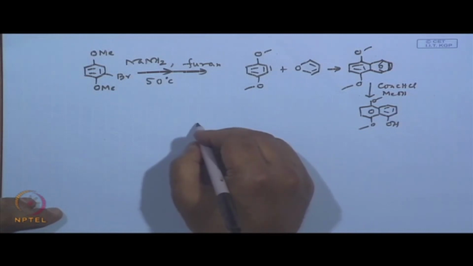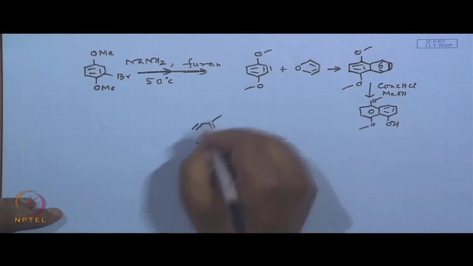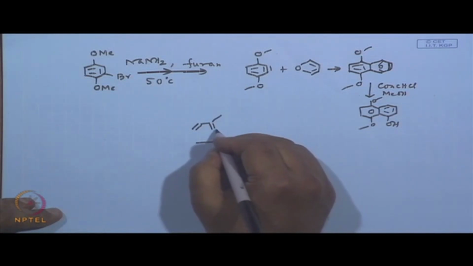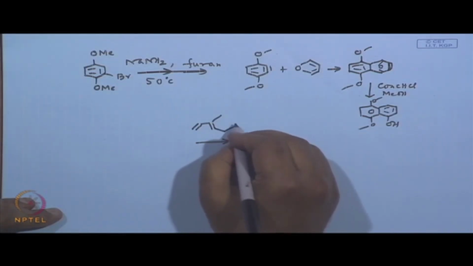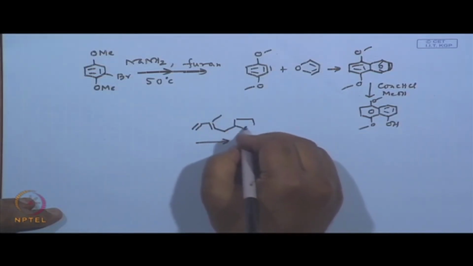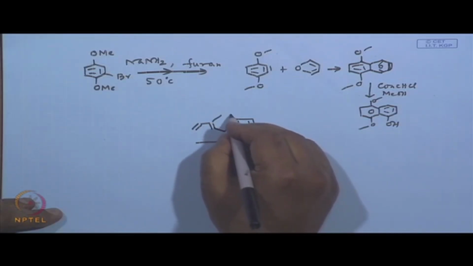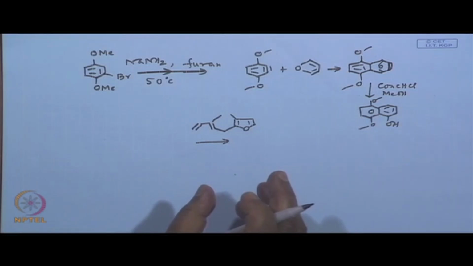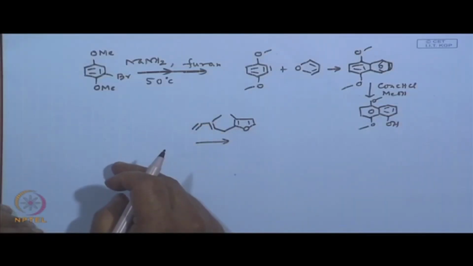For example, you have a diene, a regular diene, with no conjugation, that means CH2, and then you have a furan, a substituted furan. So you have two diene components, furan and the isoprene unit. Between the two, which one is more reactive? That is what you have to see.